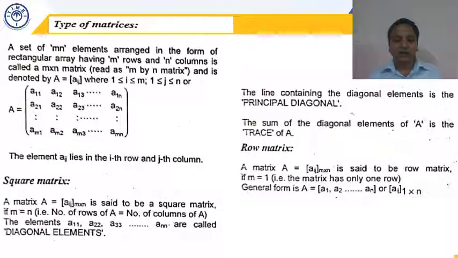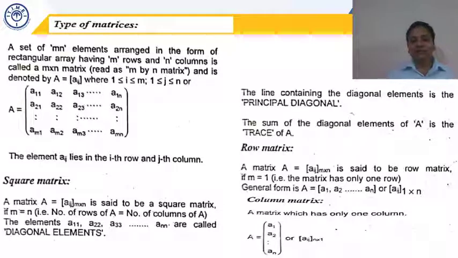Column matrix, as the name suggests, has a single column. A matrix which has only one column. We write this as n into 1, where n denotes the number of rows and 1 denotes the column. So a row matrix has a single row, a column matrix has a single column.